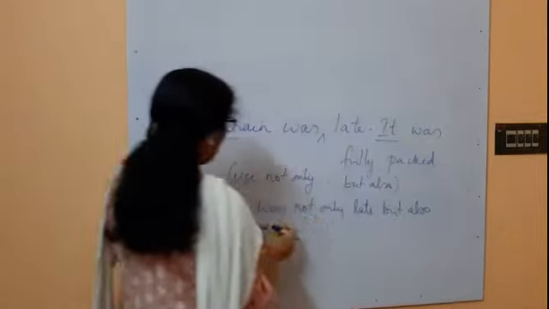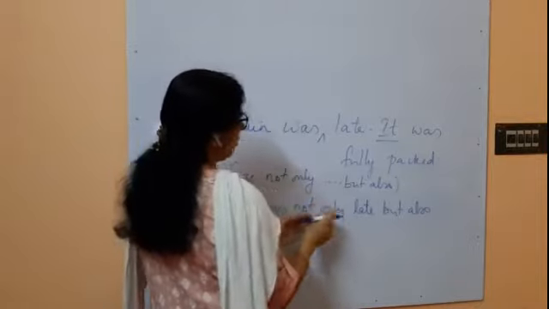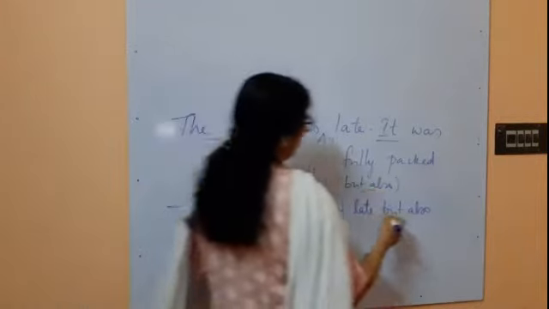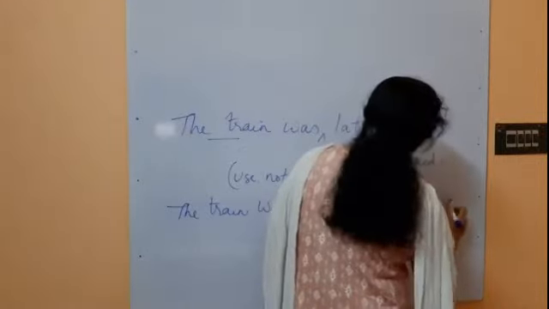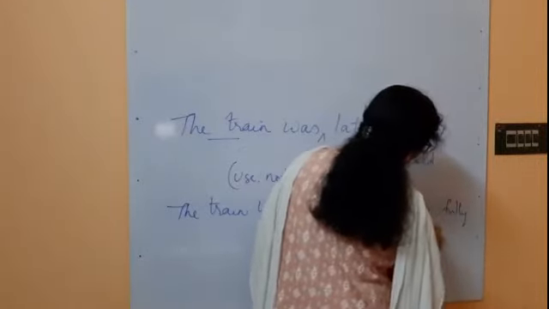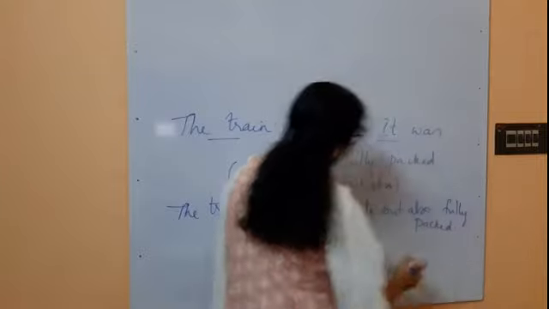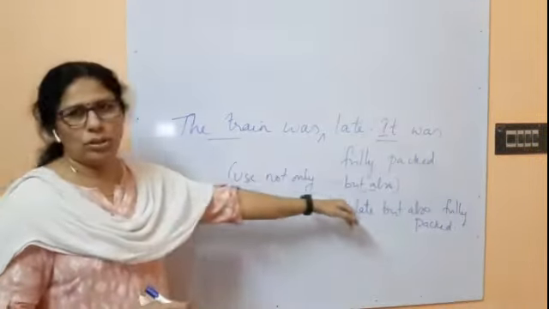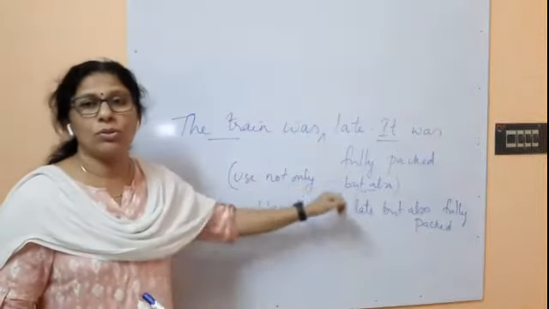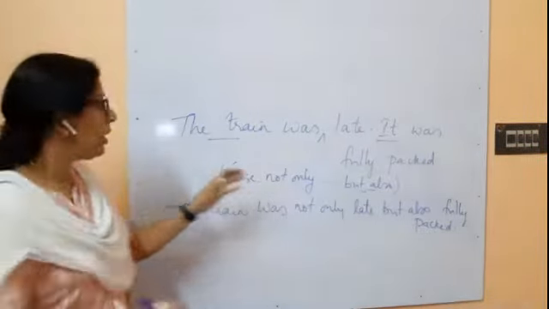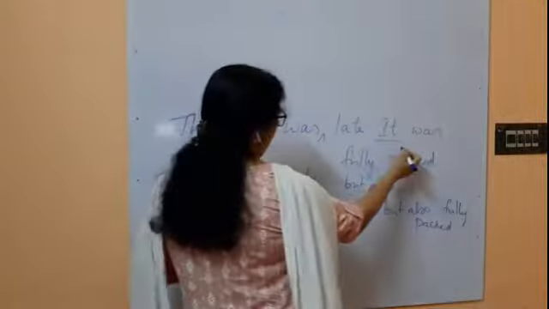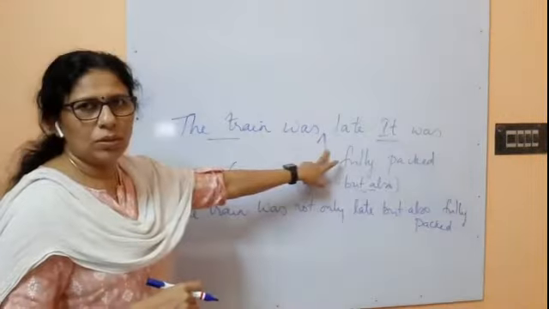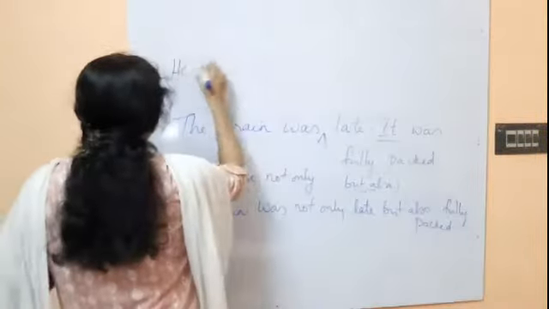Don't use it in the same place; not only is there, so you have to insert the second one in another place. This is how we have to combine the sentences using not only but also. If both the subjects are same, you have to insert it after the verb.